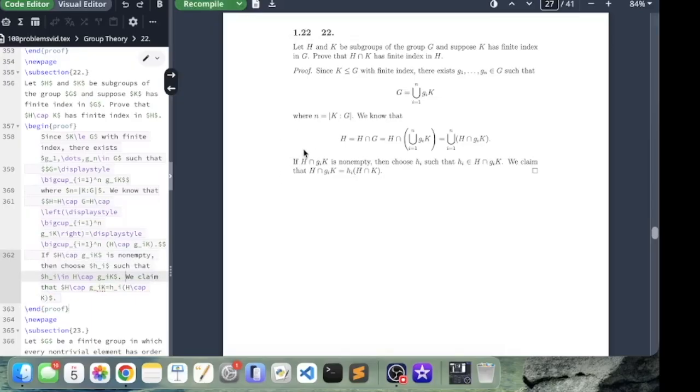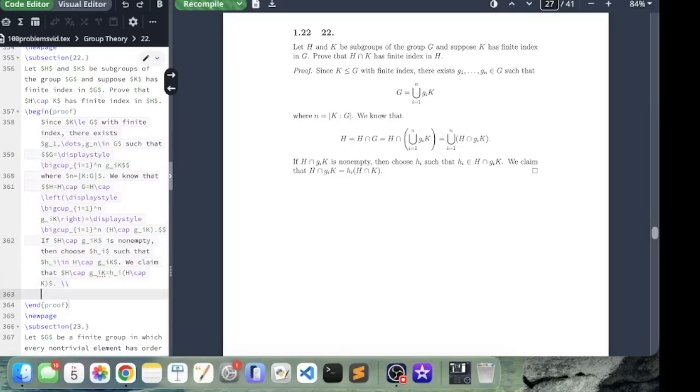Okay, so if the intersection is non-empty, then choose h_i from that intersection, and we claim that this intersection is equal to h_i times H intersect K, which would give us a way of expressing H as a union of left cosets of H intersect K, implying that it has index at most n, so less than or equal to n.